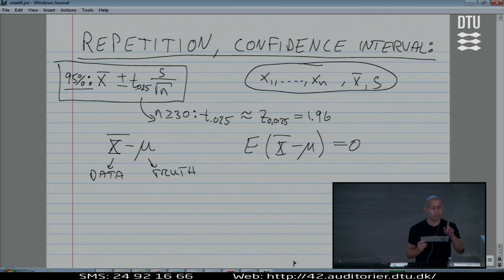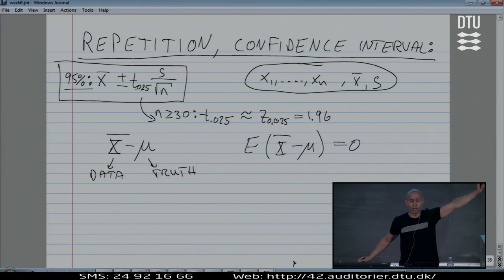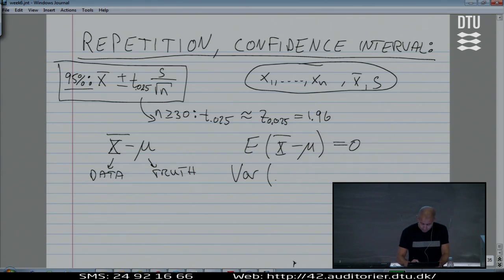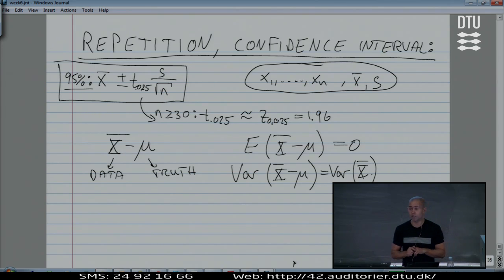The big question is, will I hit the center in a narrow way, or will I hit the center in a spread out way with the way I compute an average? And what is this? That's the noise in the system. This is basically, what is the variability of the average? And in fact, using the variance rule, since mu is just a constant here, it's not random, it's the same as the variance of the average.